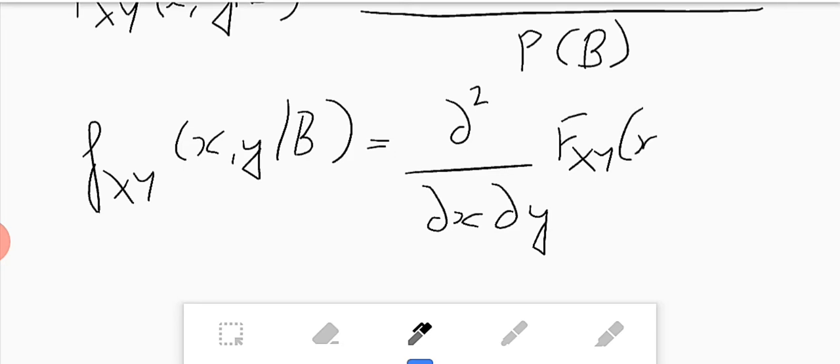So this will give you your conditional joint PDF. Now what is event B for the joint random variable case? The event B will have observation in both the x-axis and y-axis. So basically it has observation in the xy plane.